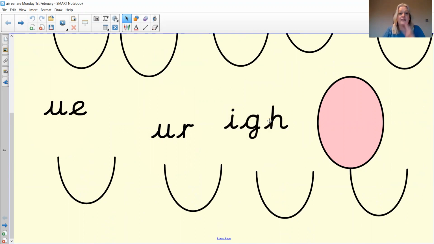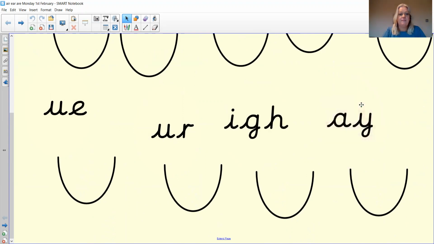Remember, that's three letter shapes that make the one sound. It's our trigraph. A.